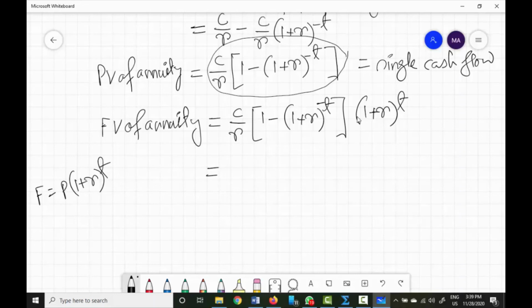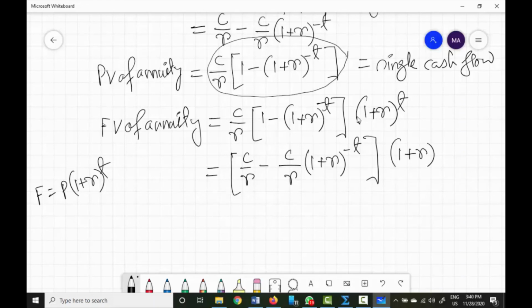So here first of all we can write this one as C by R minus C by R into (1 plus R) power minus T, and then outside the bracket we have (1 plus R) power T. Now we can multiply this one with this one. So let's do it.